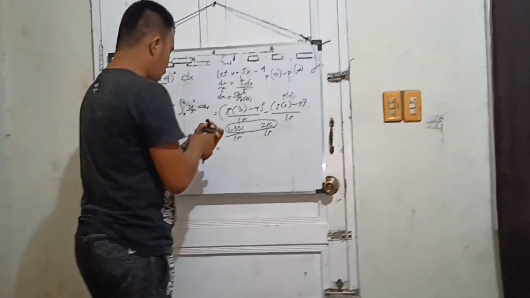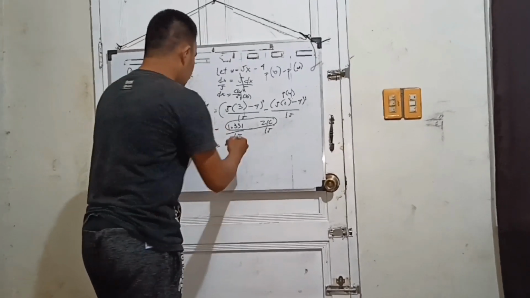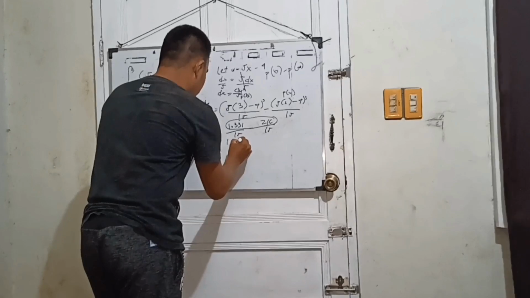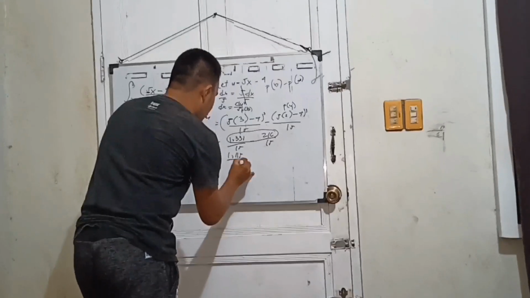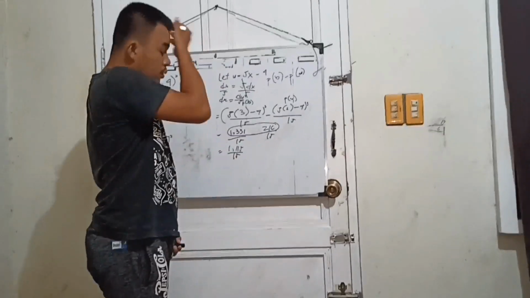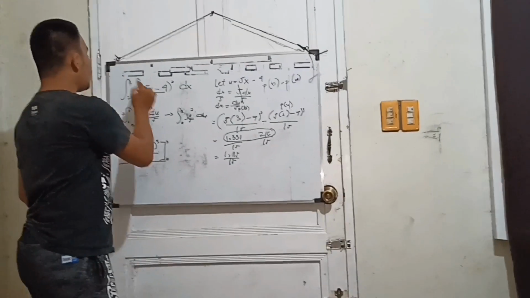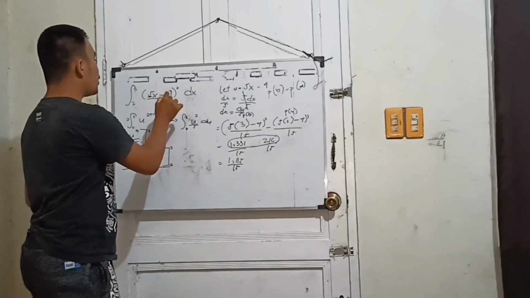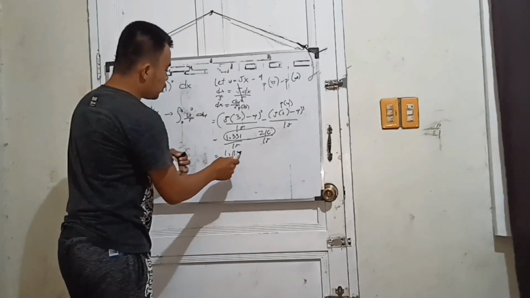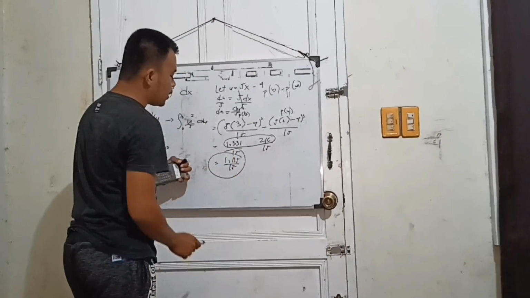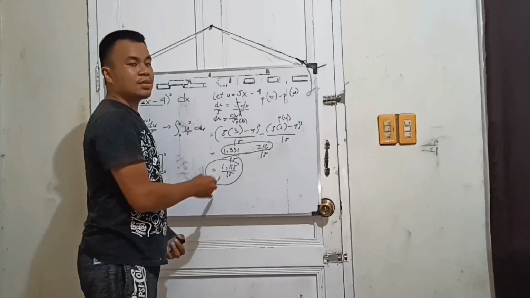So 1,331 minus 216 is equal to 1,115. Copy the denominator, 15. So now, the answer of the integral of (5x minus 4) raised to the second power from the limit of 2 to 3 is 1,115 over 15. With the use of our formula, we get this answer.